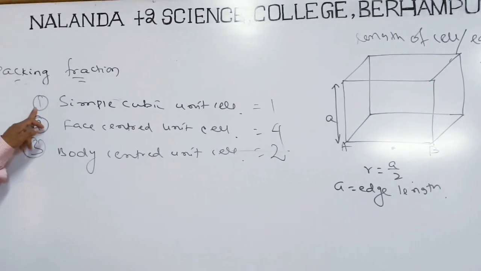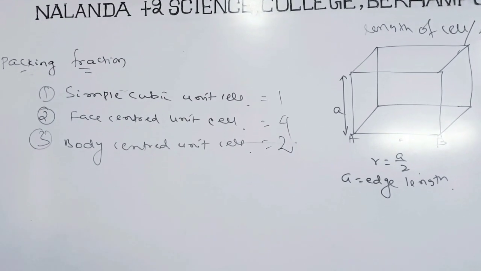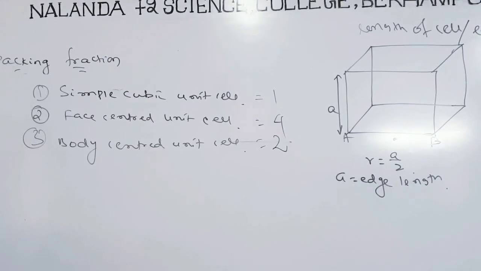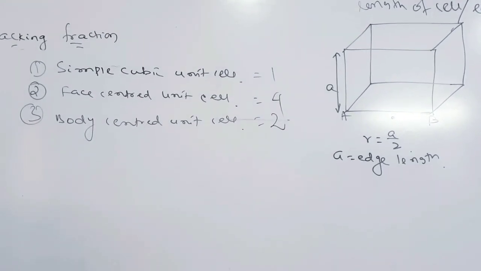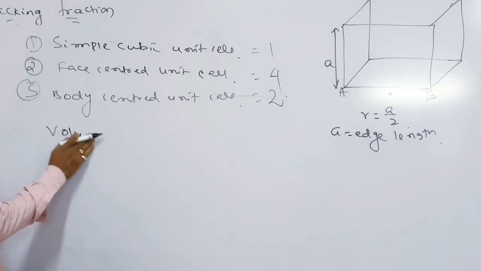Let us first come to the simple cubic unit cell. You know there is one atom in a simple cubic unit cell. So what is the volume of the unit cell?